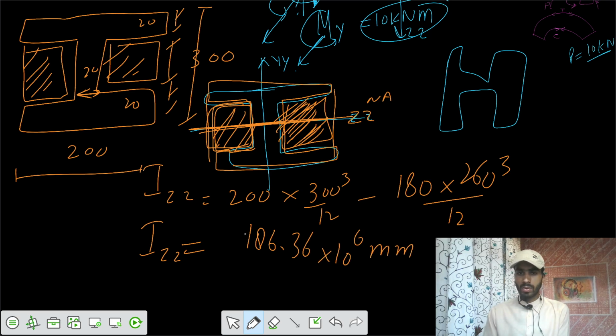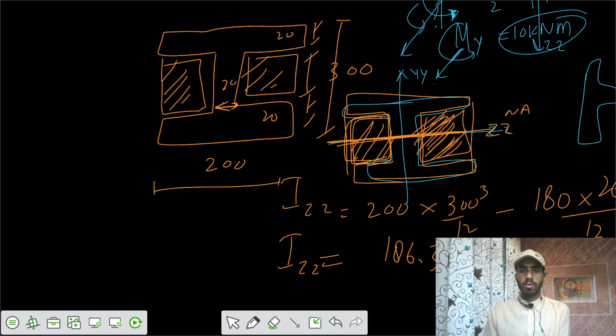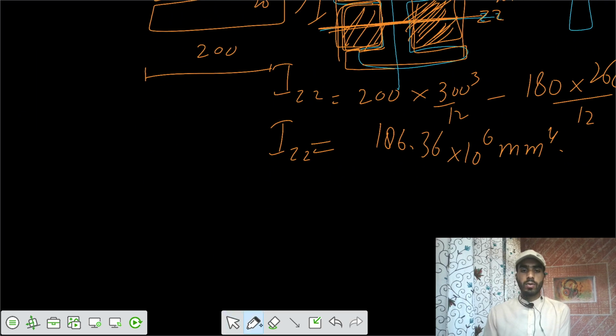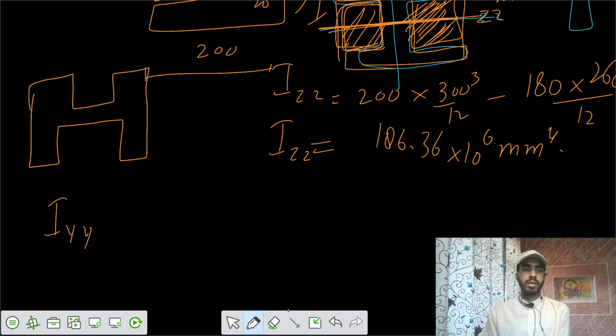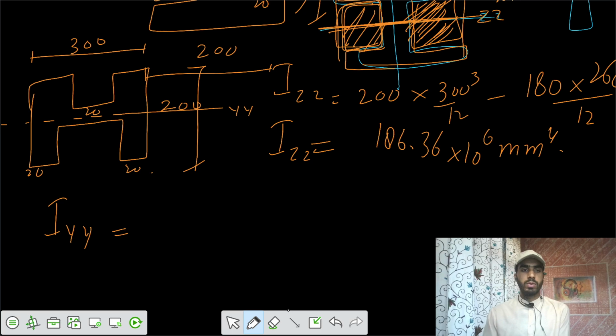And similarly for the value of Iyy, let's say this is your section, the S section, such that total depth was 300, so this was 300 and this is 200, and this is 20, 20, 20. Now if I want to find it about the y axis, there are two rectangles.